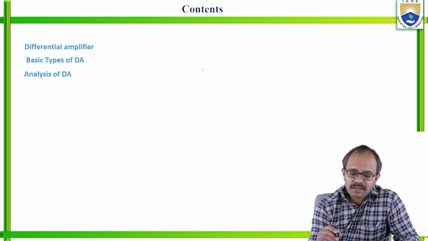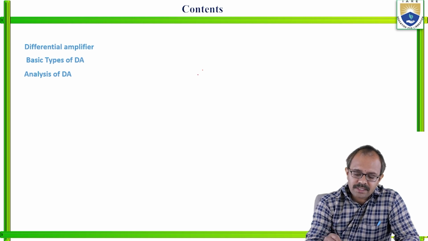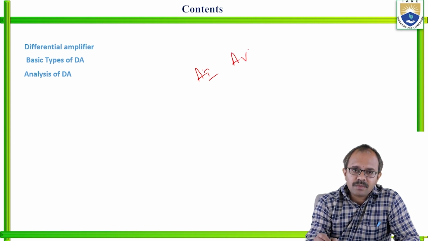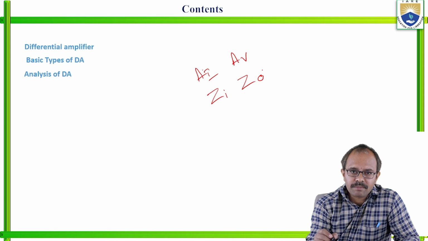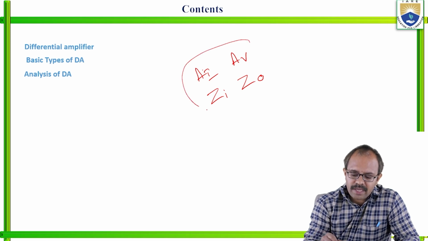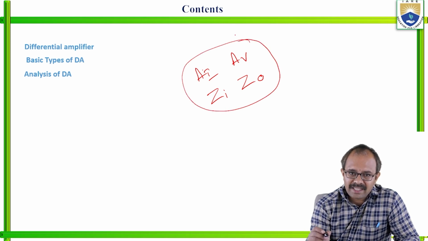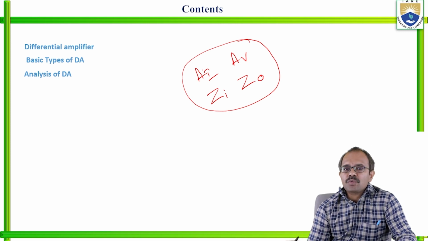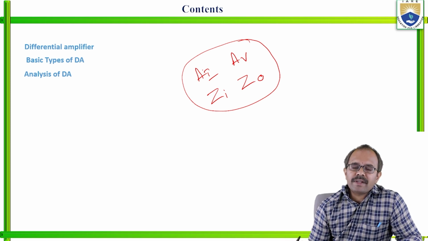If you remember, there are four basic components. What are they? One is AI, the current gain, then AV, the voltage gain, then the input impedance, and the other is the output impedance. These are the four key components for which we analyze the amplifier circuit.